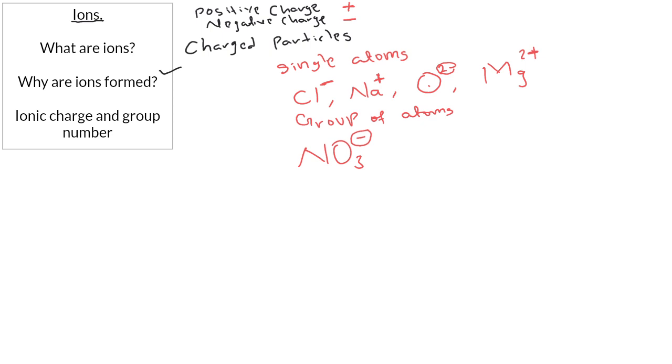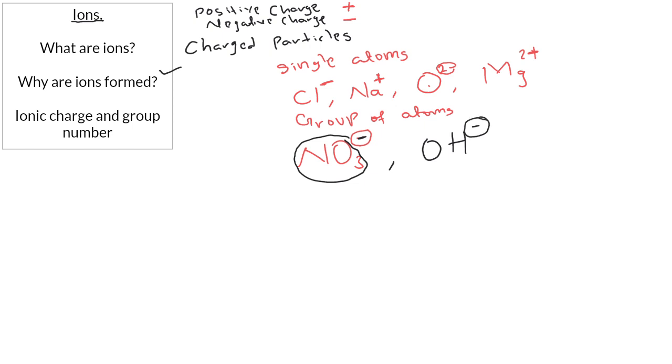So it is a group of atoms, that is NO3, that owns the negative charge. Ions are not just for a single atom; I can show you another group of atoms, the hydroxyl ion. Here you have oxygen and hydrogen, which we call the hydroxyl, and there is this negative charge.